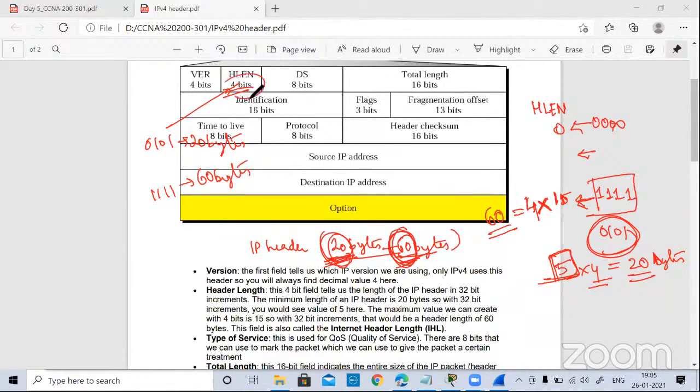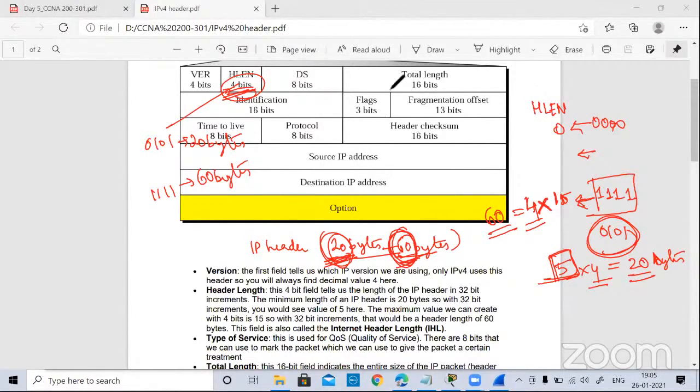Whenever you get the header length, convert that into a decimal value and then multiply with 4 to understand how many bytes of header length there are.